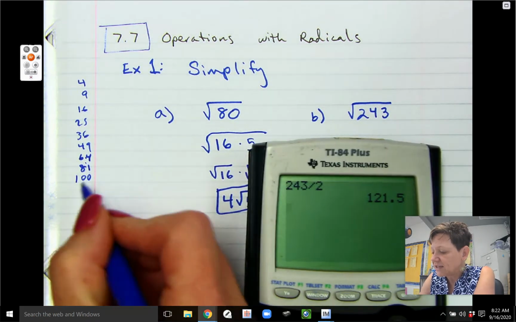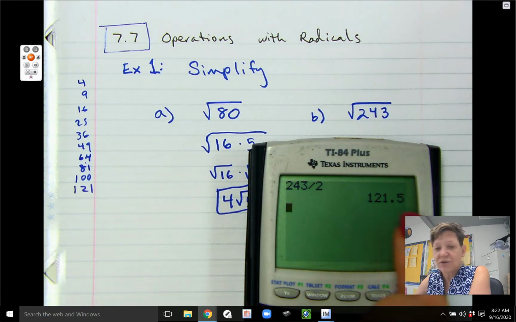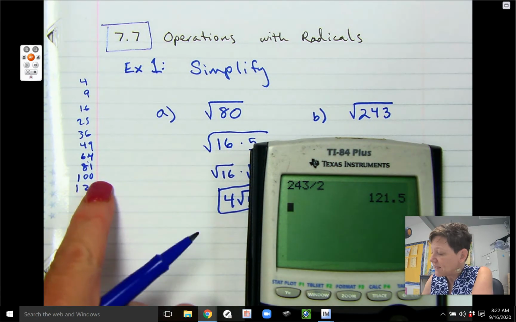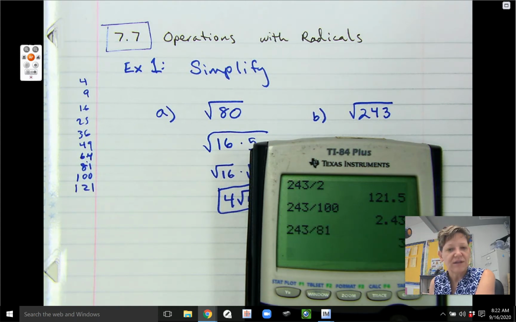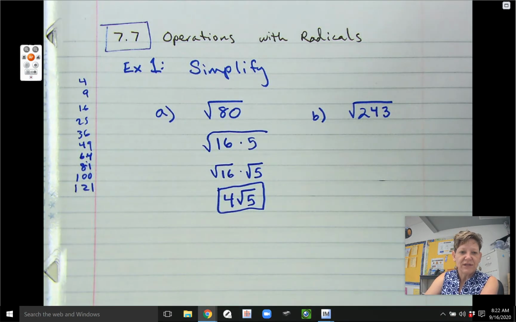So 10 times 10 is 100, 11 times 11 is 121. Now I know 121 isn't going to go into it because there's a decimal there. If I keep going up this list, I could try 243 divided by 100, but I know that is not the answer. So then I would try 243 divided by 81, and it goes in 3 times. So there, I've found my perfect square that goes into 243.